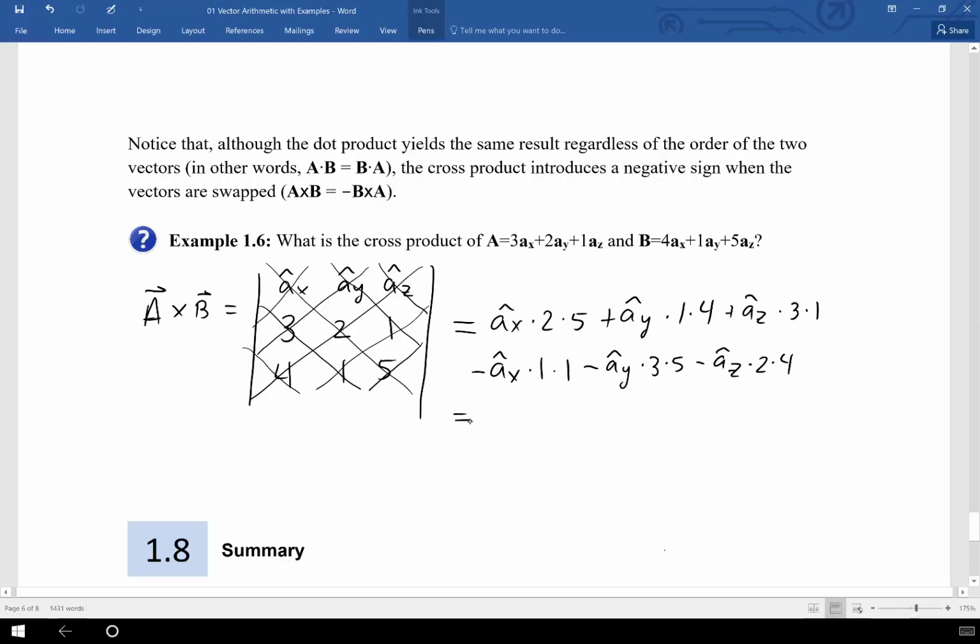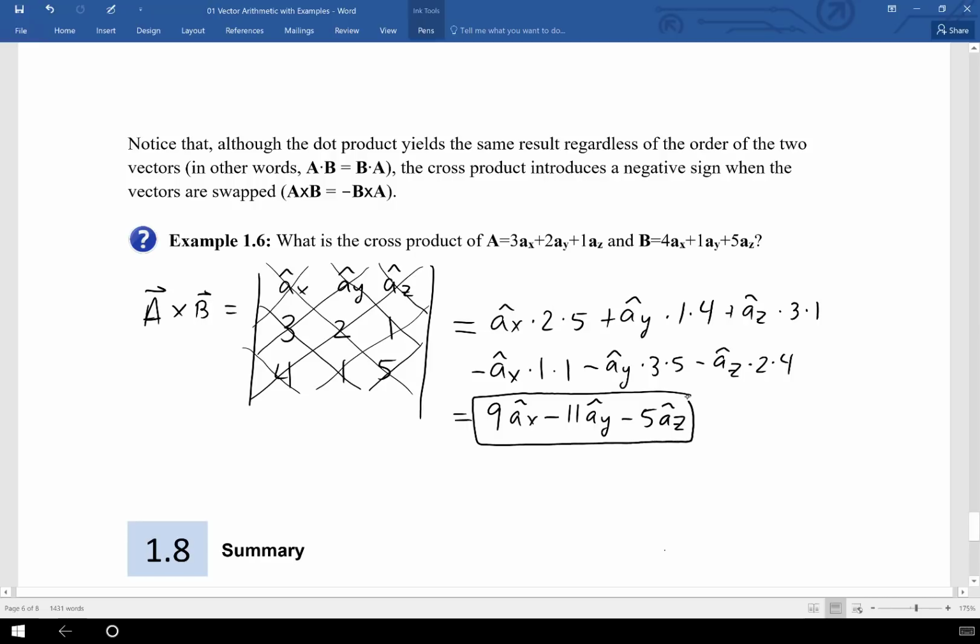And if you do the arithmetic and you group like terms, you end up with 9 a sub x minus 11 a sub y minus 5 a sub z.